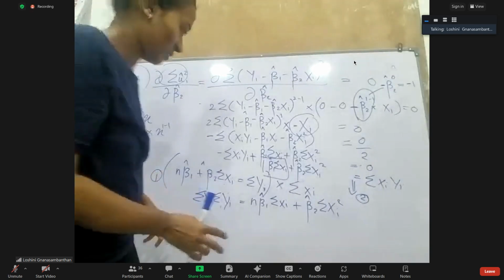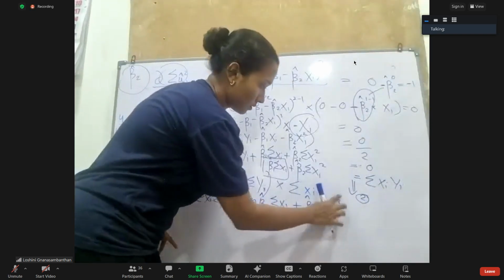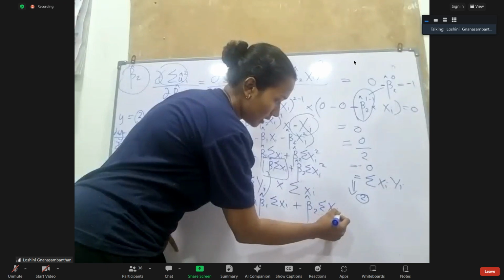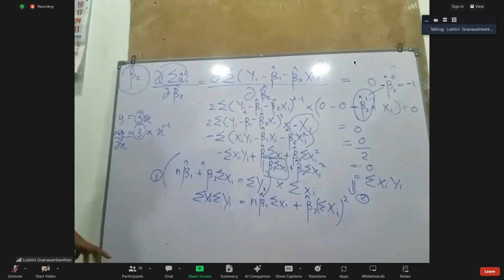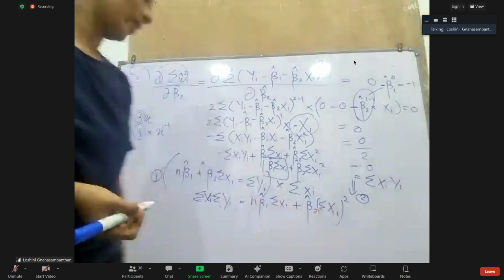Actually, it comes like sigma xi whole thing square. Yeah, whole thing square.